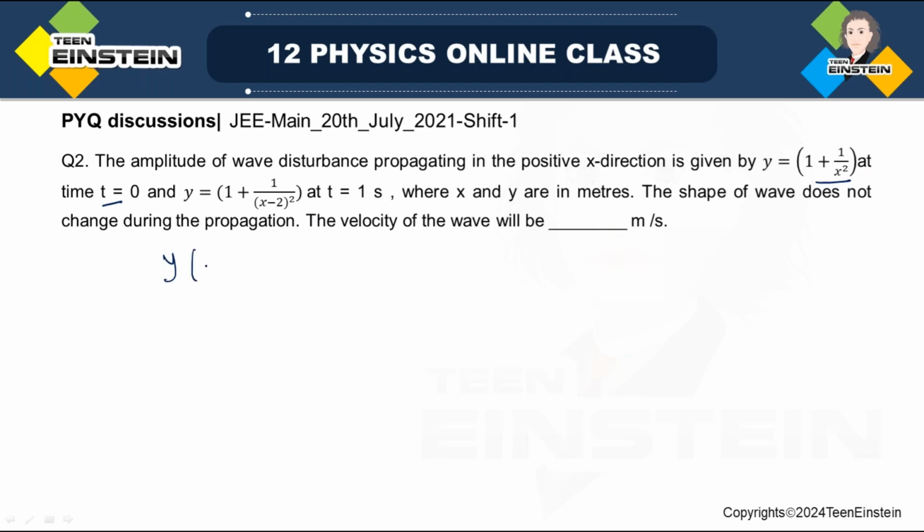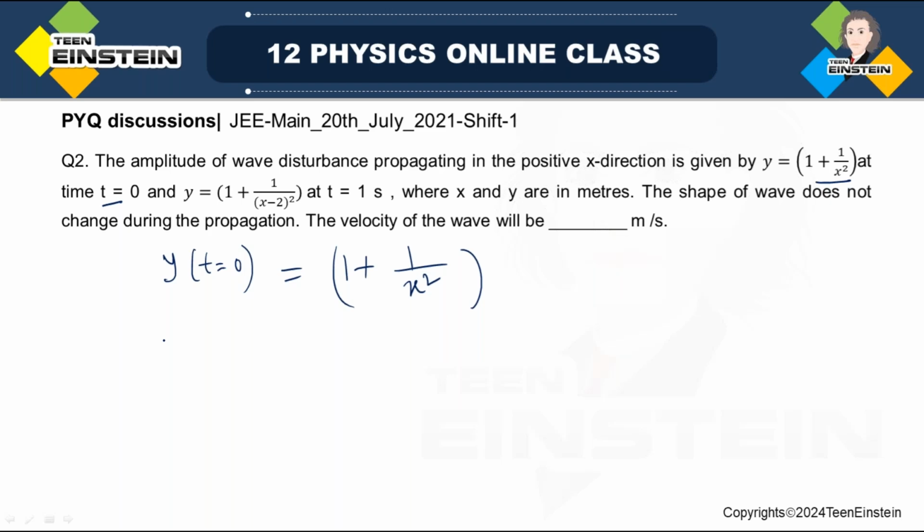So y at t is equal to 0 is given as 1 plus 1 over x square.